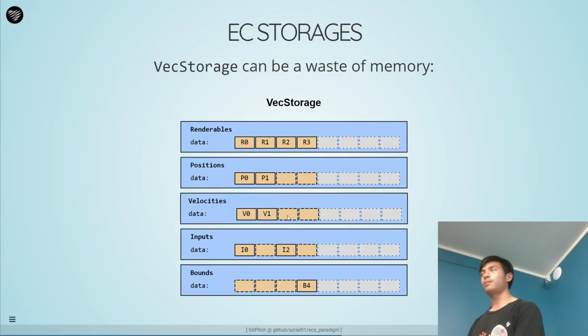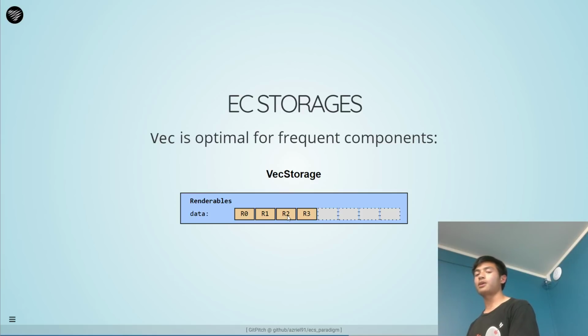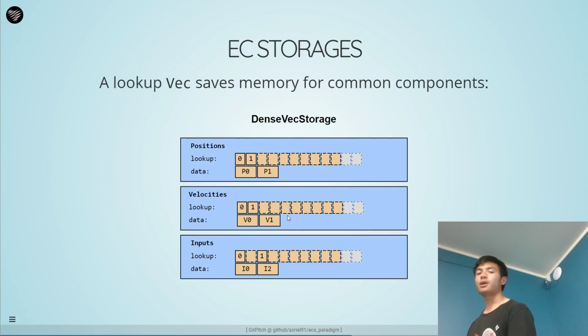So in specs, there are a variety of different storages. Vec storage, we went through. It makes sense for components where almost every entity has that component. Dense vec storage is a different storage where you have one indirection table.